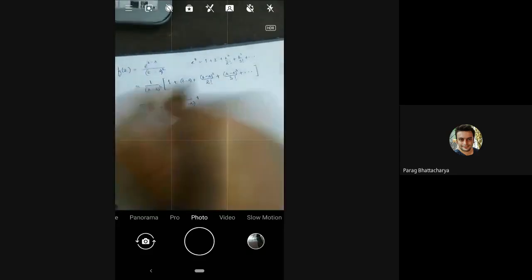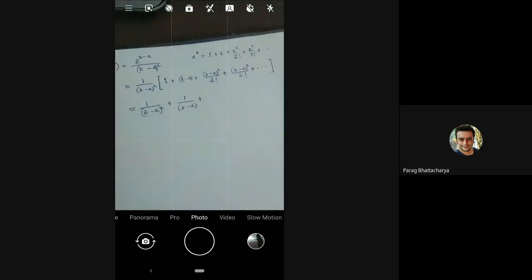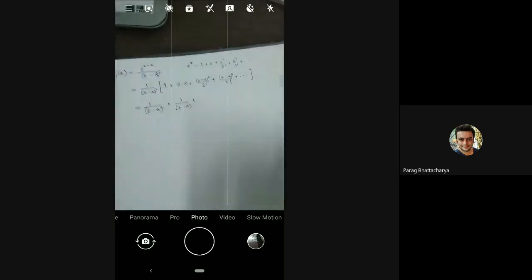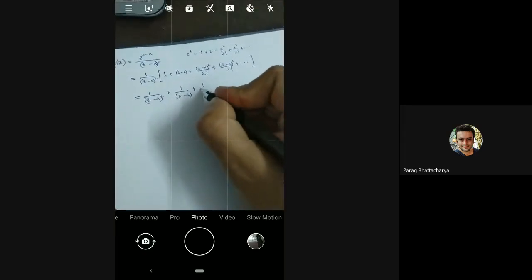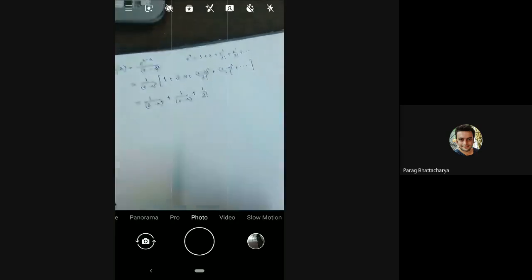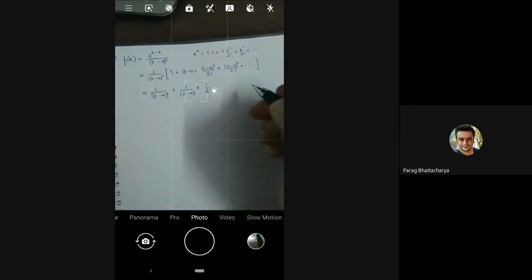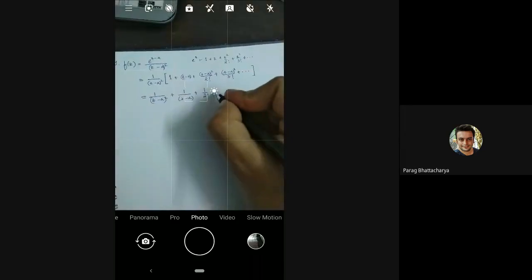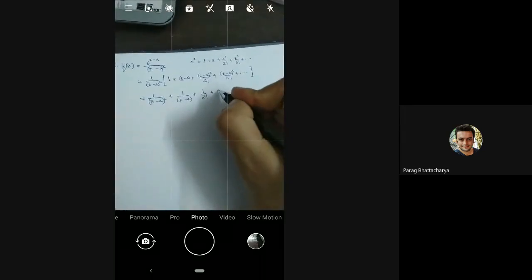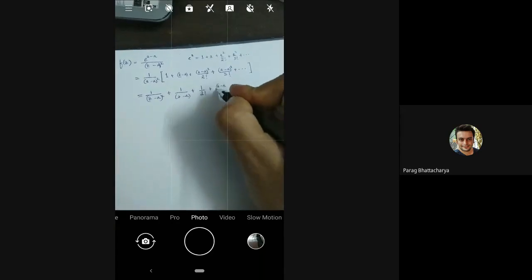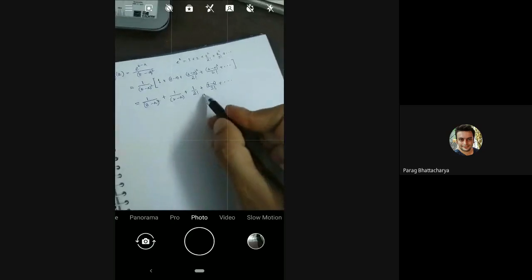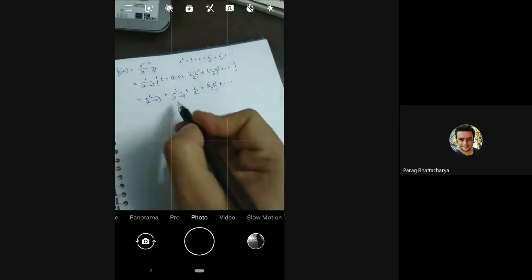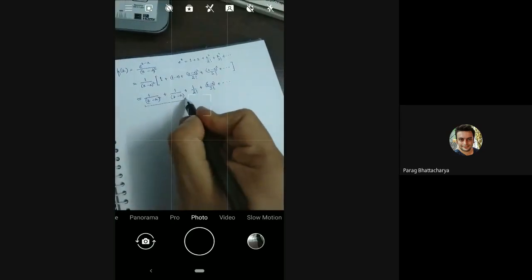Then z minus a whole square by z minus a whole square will get cancelled out, and we will have 1 by 2 factorial, and then the power has now become more, so z minus a by 3 factorial, and so on. We are not interested in the positive powers. We are interested in only the negative powers.